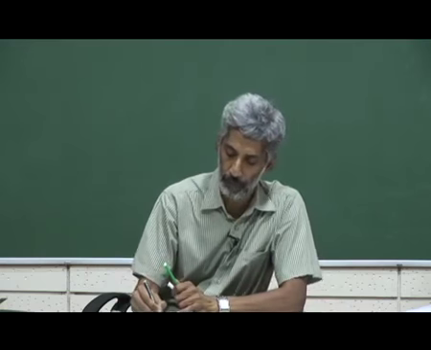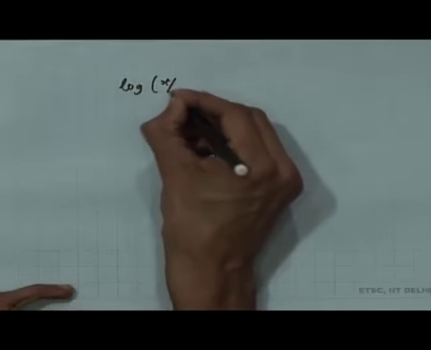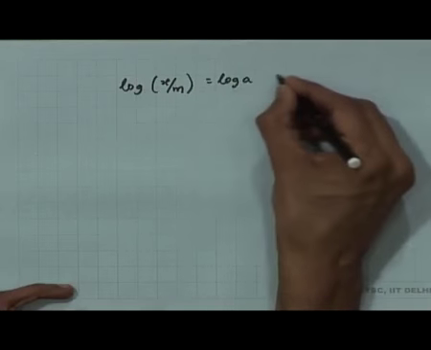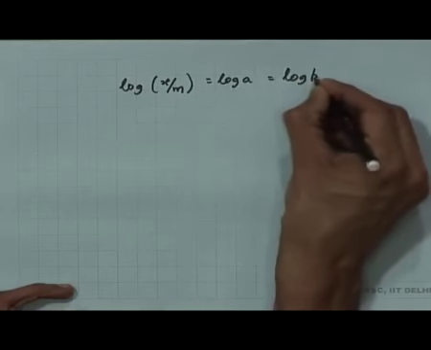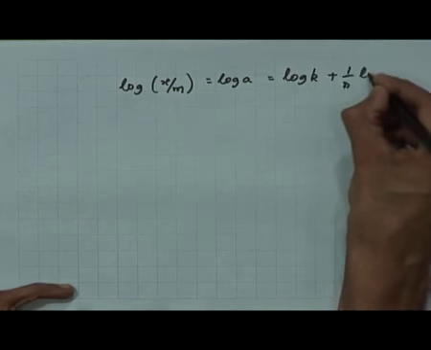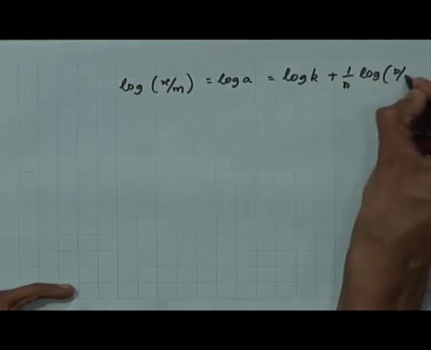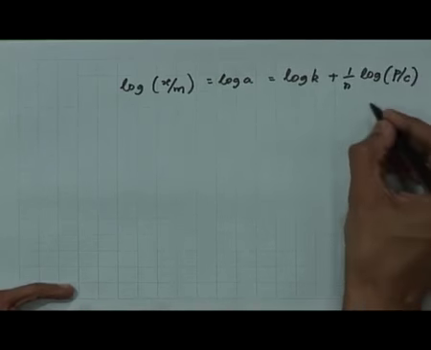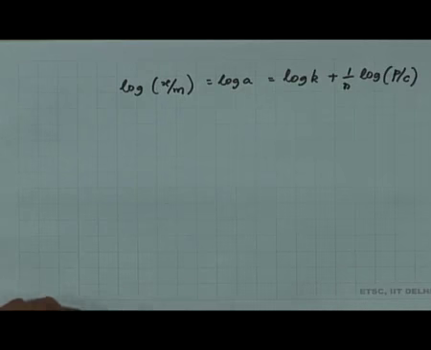So, you take logarithm of x over m, which is log A, which is equal to log k plus 1 over n log P or C, depending upon whether you have gas or liquid.